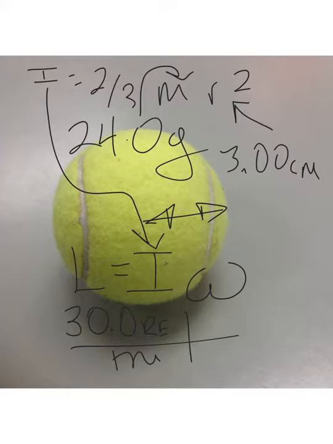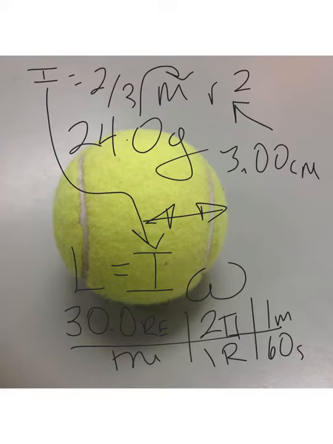Well, that's not bad, because we know that one revolution is 2 pi radians, and 1 minute is the same as 60 seconds.